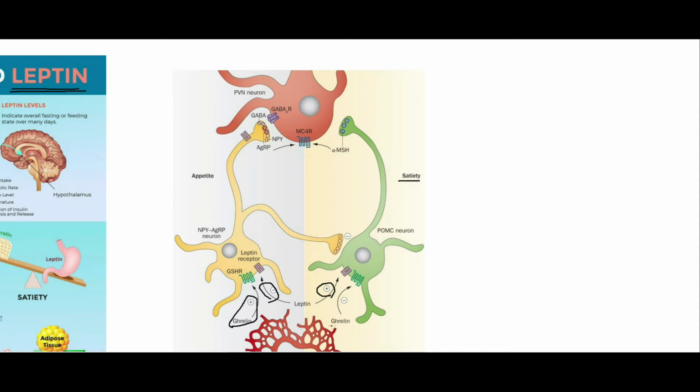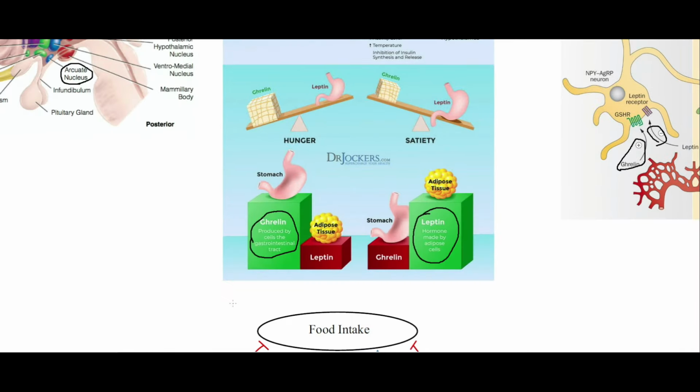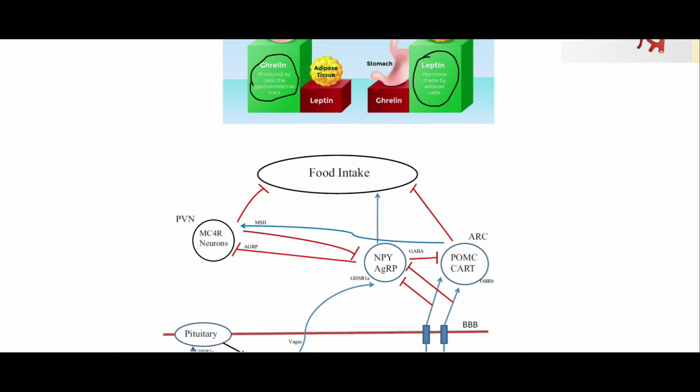This shows ghrelin inhibiting the POMC neuron, but it does not actually do that directly like it shows in this image, and I will talk about that right now, as a matter of fact.